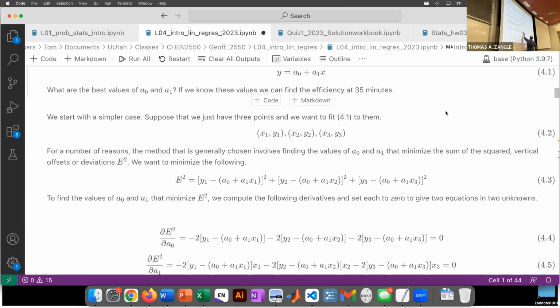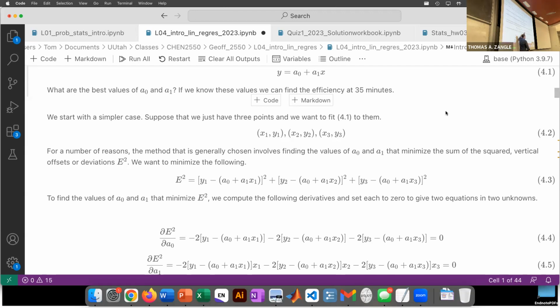Okay, so this is how we're going to describe our error for a least squares fit, again, just for the case that we have three data points here. You can see another way to think of this. This is the actual measured value at y1. And for some set of parameters, A0 and A1, this is what our model would predict we would see at y1.